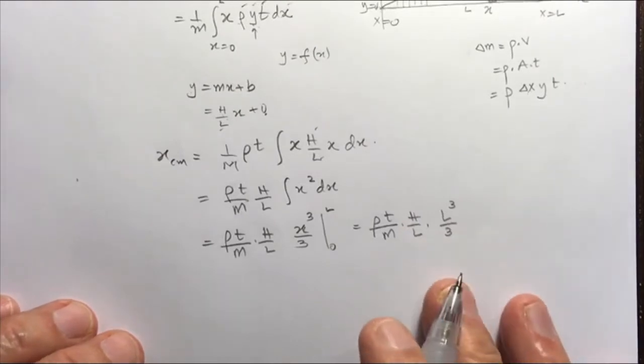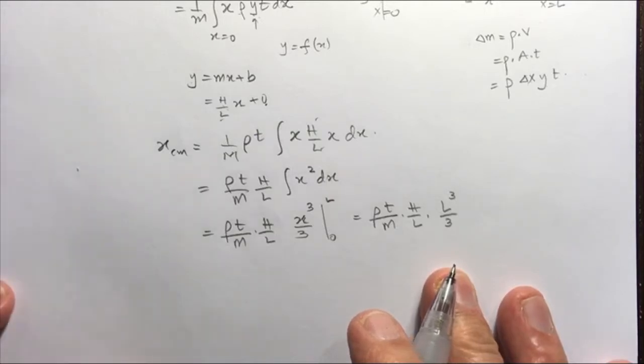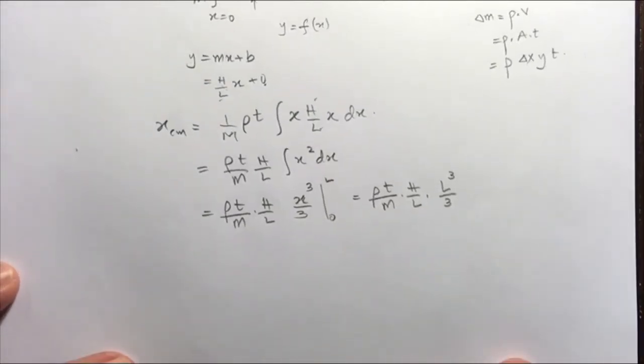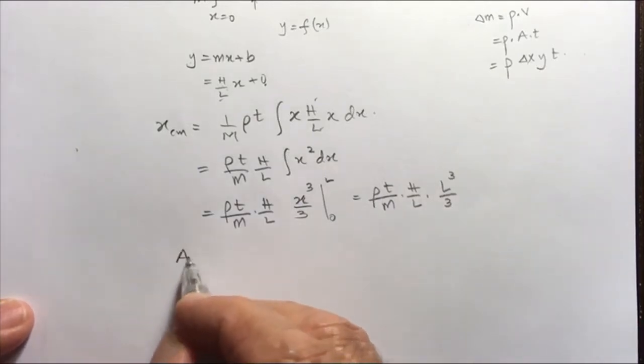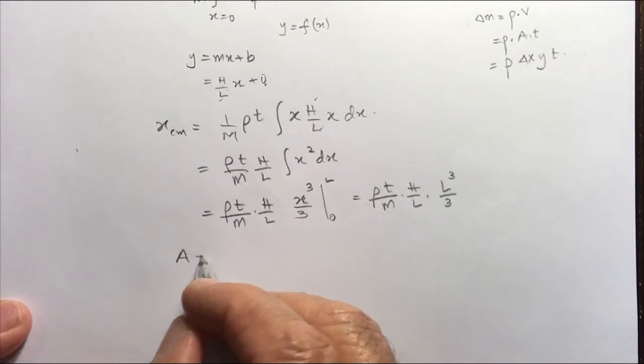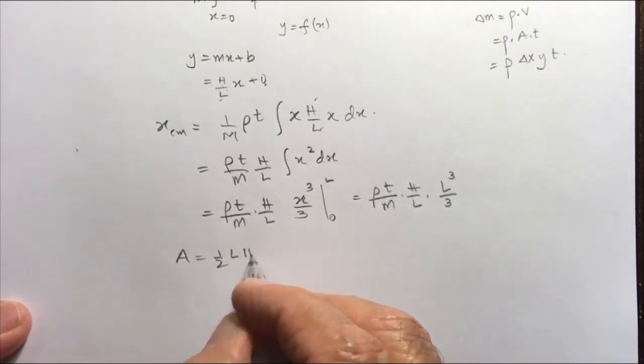Now that doesn't look very nice, so we need to try to simplify so that it looks somewhat nicer. The area of this triangle is half LH.